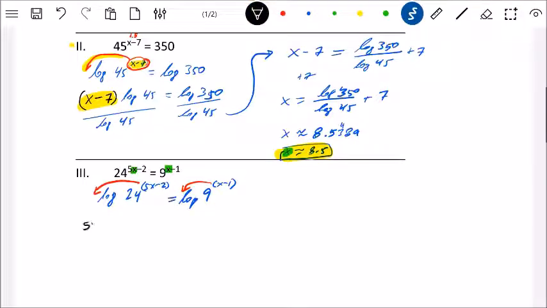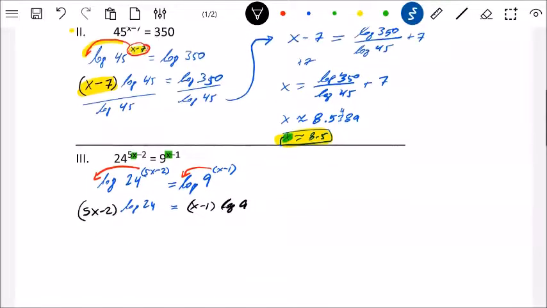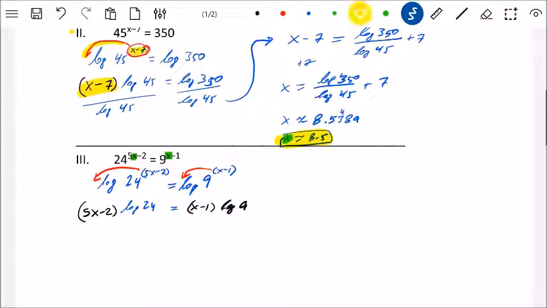So that means we have 5x minus 2 in front of the log 24 equals x minus 1 times log of 9. Before, we were able to just divide on both sides. Now, we can't really do that, because we have two x's here, and that really complicates some of what we do.